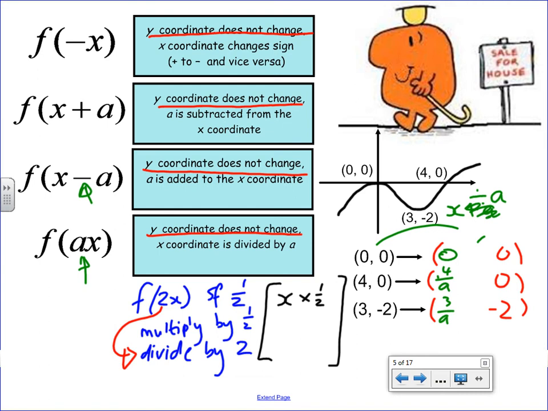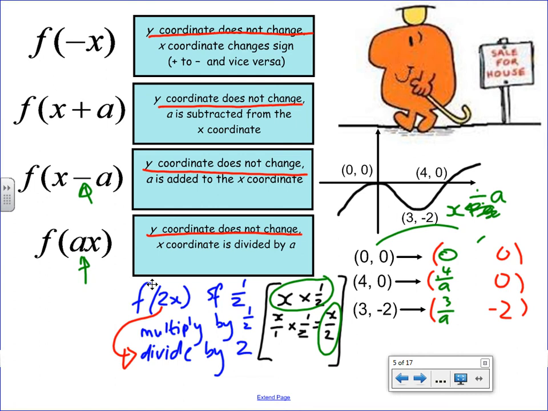If you've got a whole number and a fraction, sometimes it's not clear what's happening. So we write the whole number as a fraction, x divided by 1, times 1 over 2, times the tops and you get x, times the bottoms and you get 2. Which is x divided by 2.